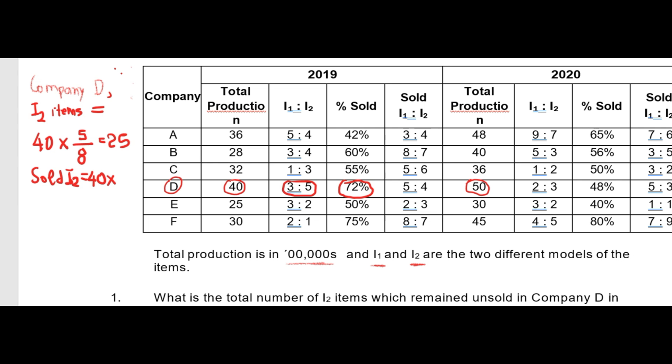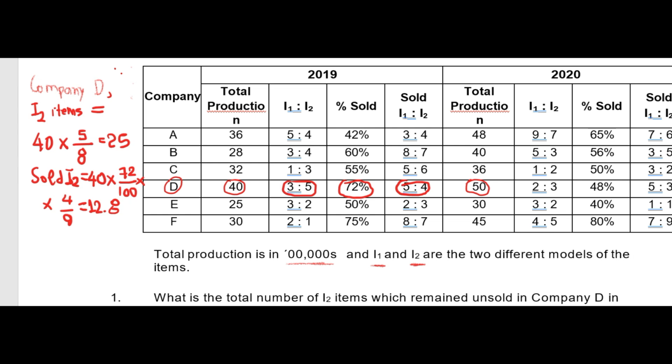You see, the part of the production sold is 72%, so I have to multiply by 72%, and then look here, the items I2 are in the ratio I1 to I2, 5 to 4, so it's 4 to 9 the items I2 to the total items. So I have to multiply here by 4 over 9, and this is 12.8 units.